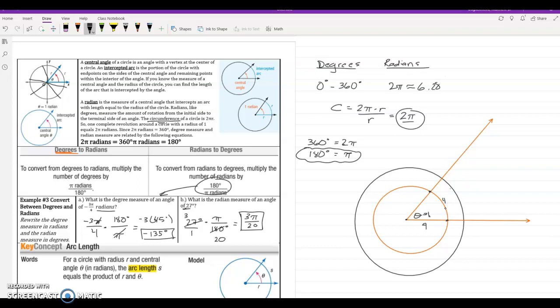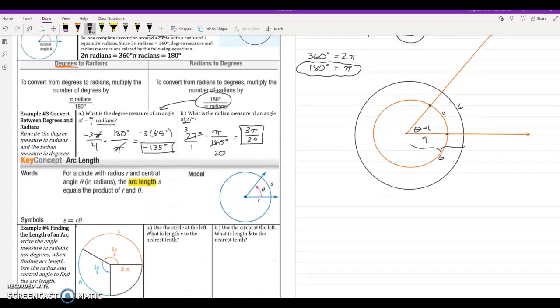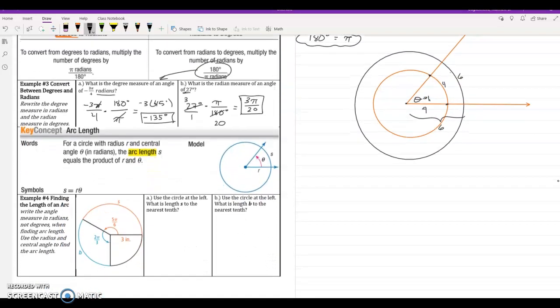Now, as your circles get bigger, you might think that's not going to hold true. But as your circles get bigger, so do their arc lengths. So if I look at this outer circle radius and I say this is a radius of 6, that means its arc length out here is 6 units long as well, because this is a 1 radian angle. Okay? So that's going to help you out down below as we're talking about figuring out the arc length.